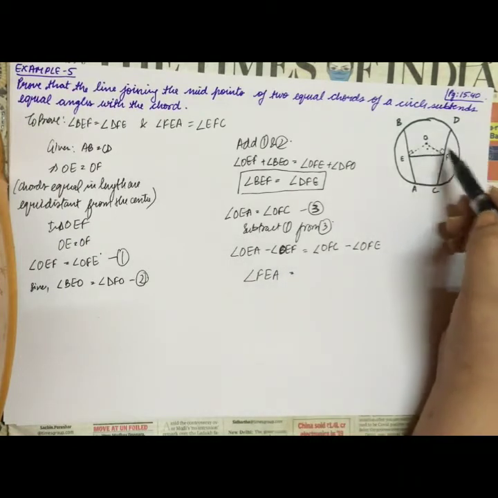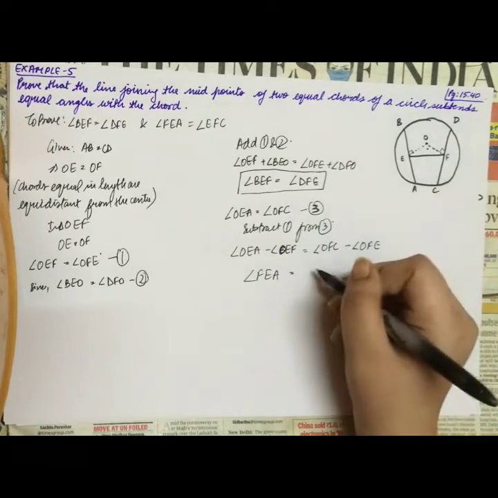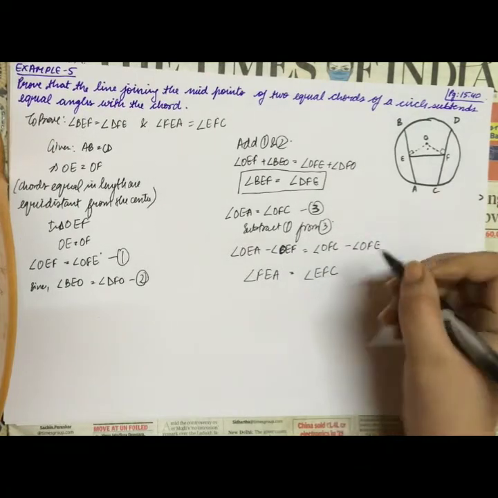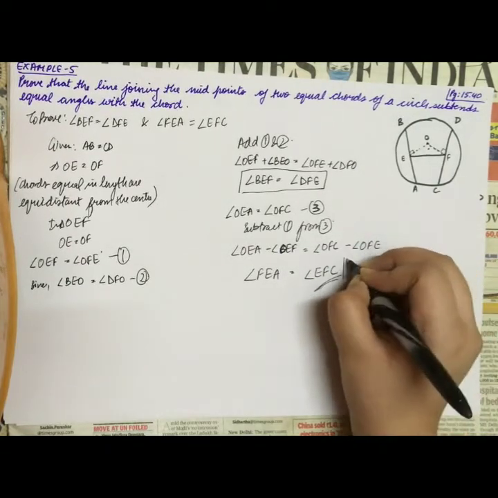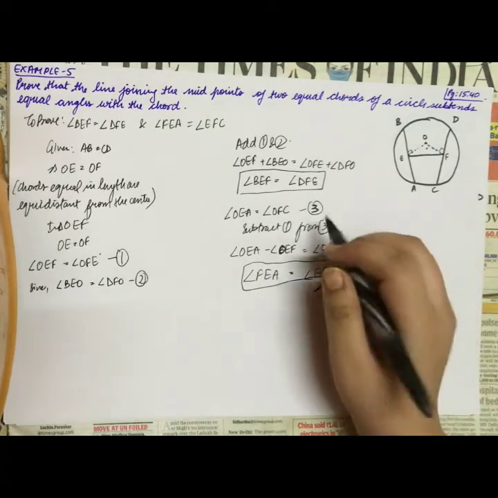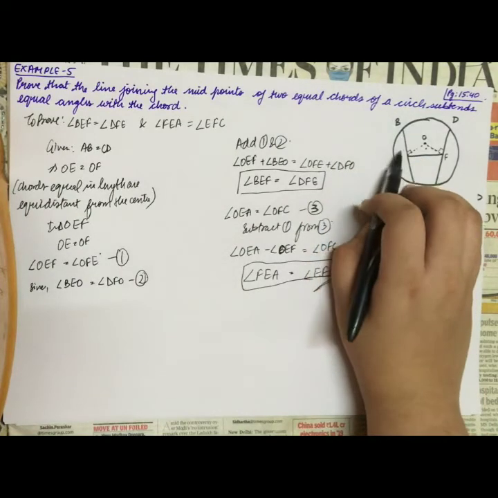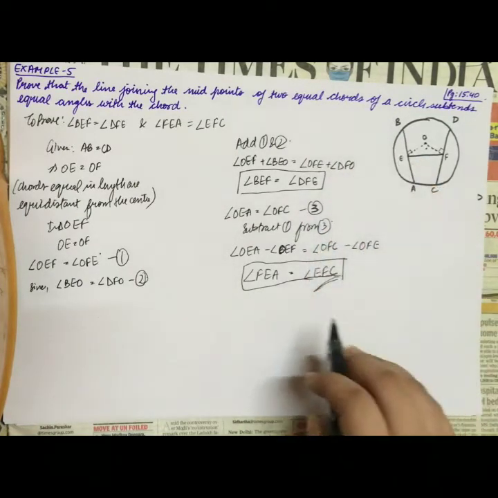Similarly, angle OFC minus angle OFE is equal to angle EFC. Hence proved that the line joining the midpoints of two equal chords of a circle subtends equal angles with the chord.